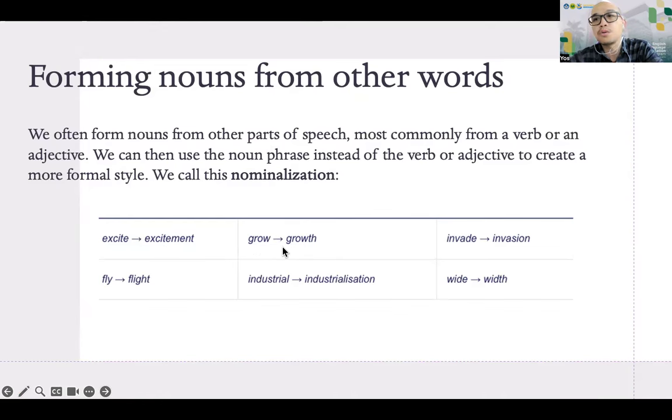It becomes growth, noun. Invade, to invasion. Fly, to flight. Industrial, an adjective, we add isation, it becomes industrialization. White, the adjective, it becomes whiteness.